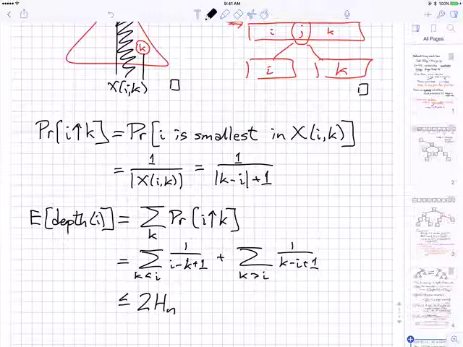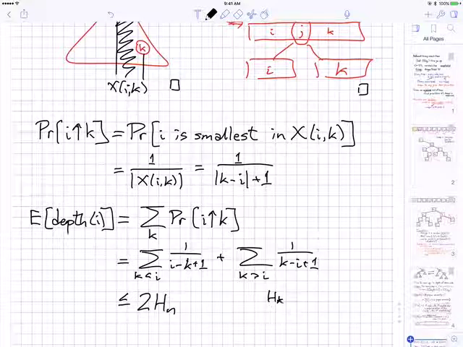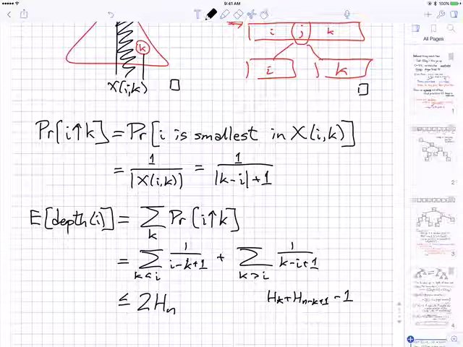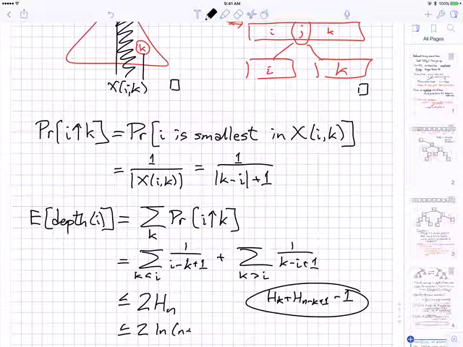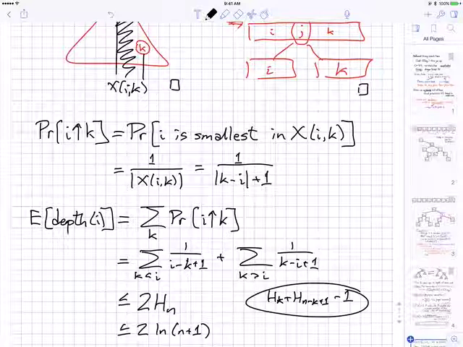If I conservatively continue each sum out to n terms, then each of those sums is exactly the nth harmonic number. In reality, it's something like H_k plus H_(n-k+1) minus 1, but I want to be pedantic. So this is 2 times natural log n.